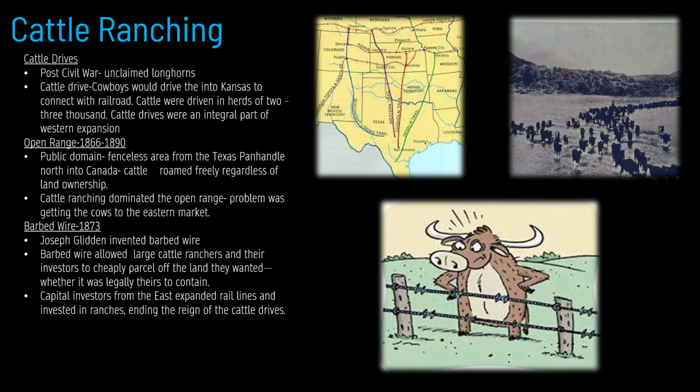What happens is in 1873, Joseph Gideon invents barbed wire. Okay, so what the big ranchers, the wealthy, are going to do is start to barbed wire their area, so when the cattle move, they can't move into their area, so they can't get to the railways.